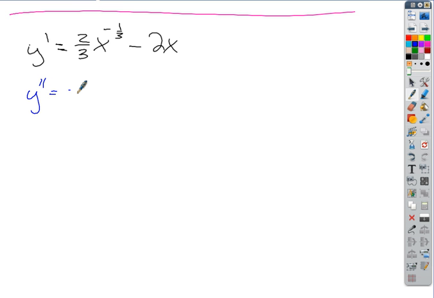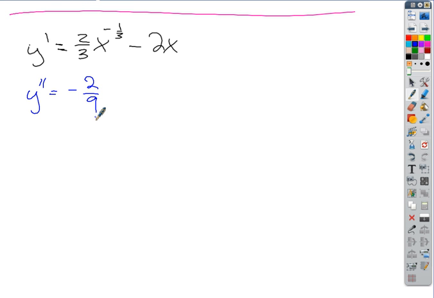Negative 1/3 times 2/3 is what? Negative 2/9. Multiply, right? We're multiplying fractions. Negative 1/3 minus 1 would be negative 4/3. And then this term, negative 2.